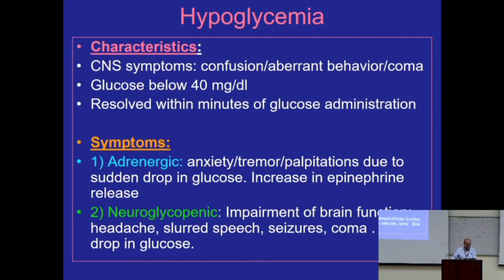If the body doesn't respond appropriately, you're going to have a condition called hypoglycemia, meaning a decrease in normal serum glucose. Probably anything below, say, 70 milligrams. The normal concentration is somewhere between 80 to 100 milligrams per deciliter.